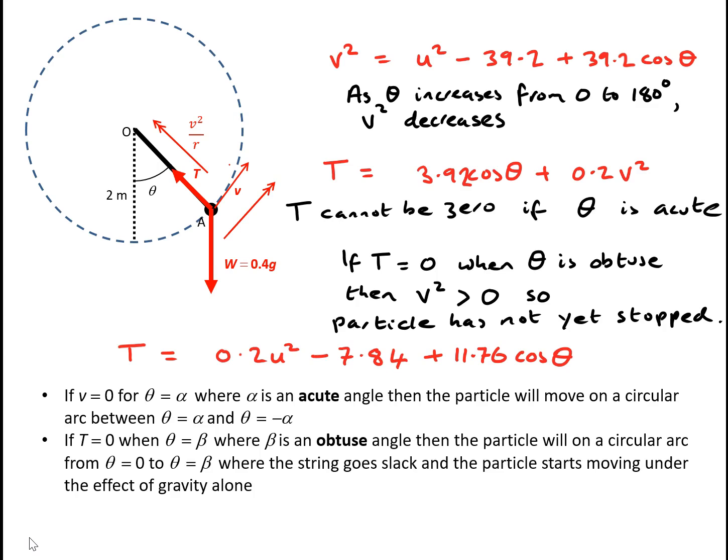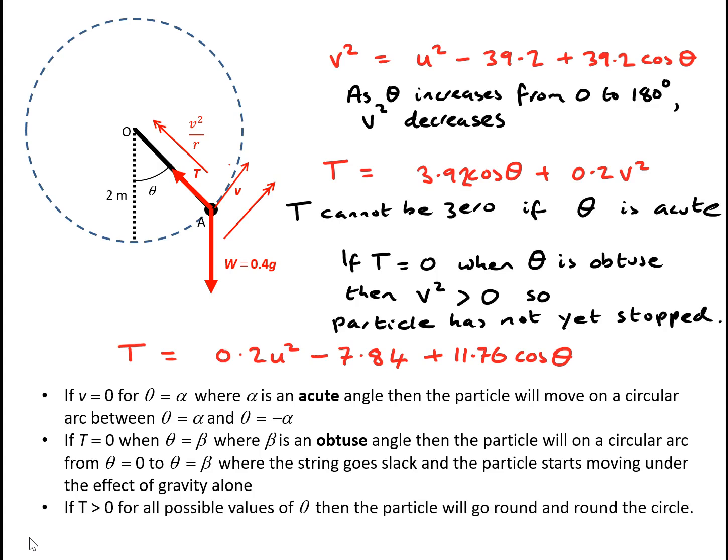In other words, we've got projectile motion until the string goes taut again. On the other hand, if t is never equal to 0, so if t is always positive for all possible values of theta, then the particle will go round and round the circle.